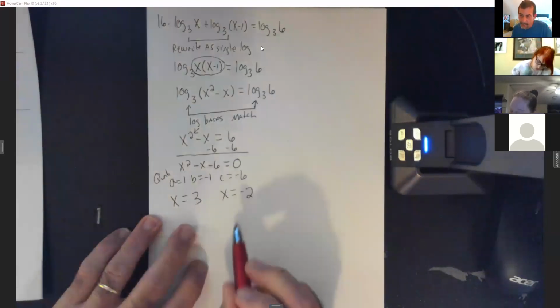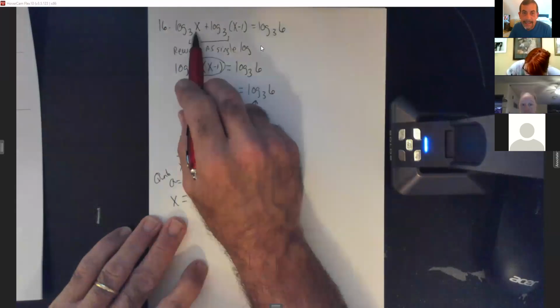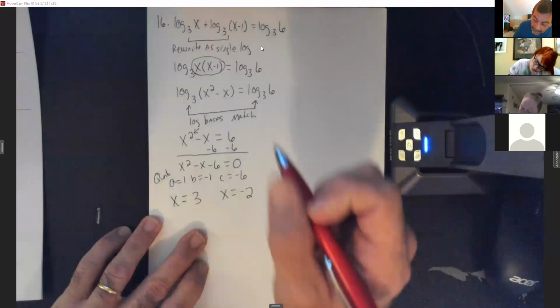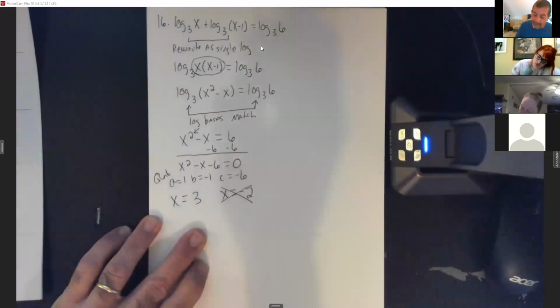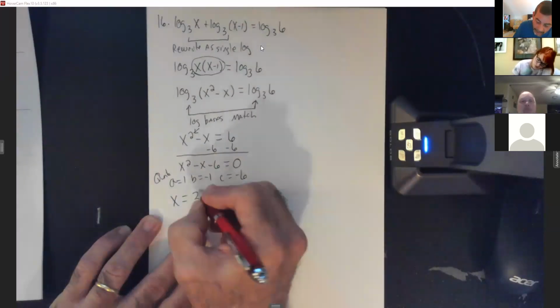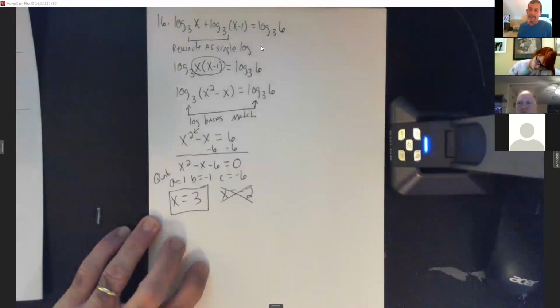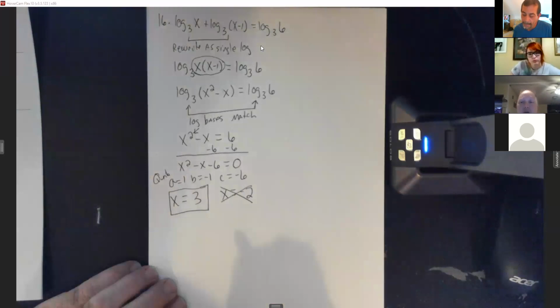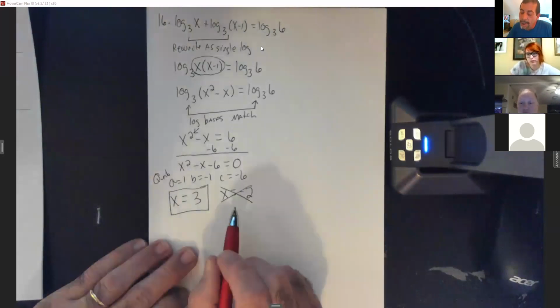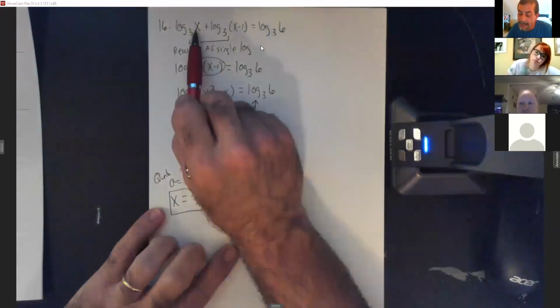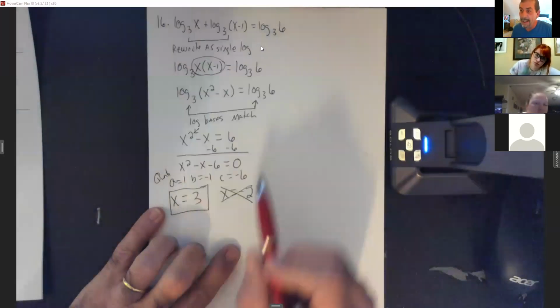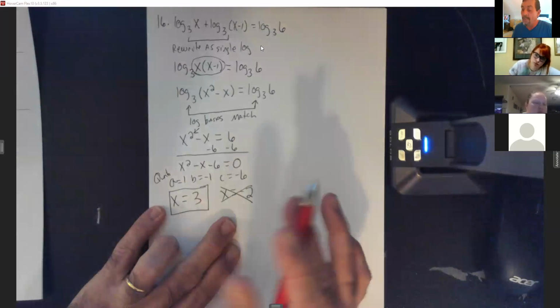So the 3 is not bothering me, but notice when I put that -2 in for x, log base 3 of -2 would give me an error. So we cannot keep the -2 answer, and we only keep the 3. Anytime there's a single x up here like this, any negative answer would make it not real.